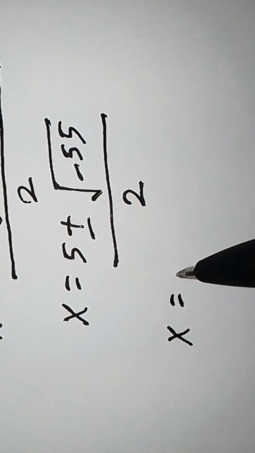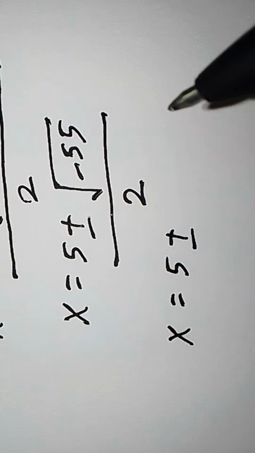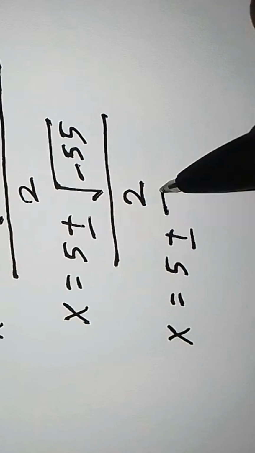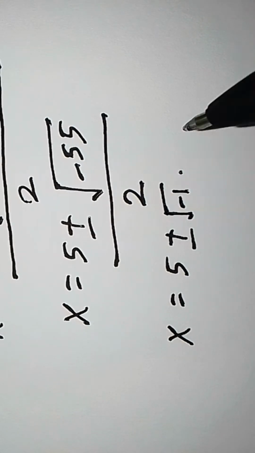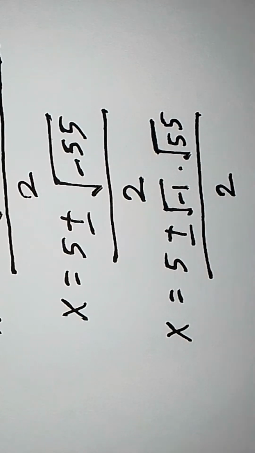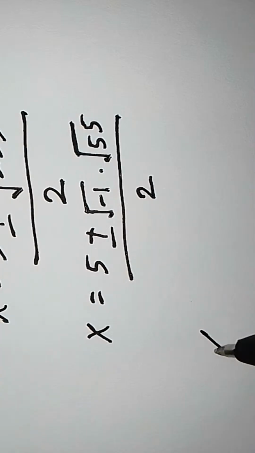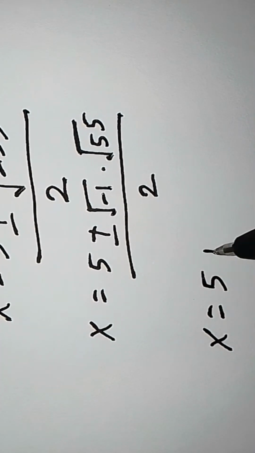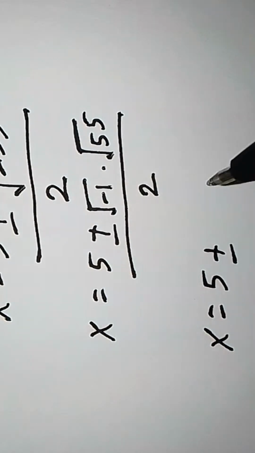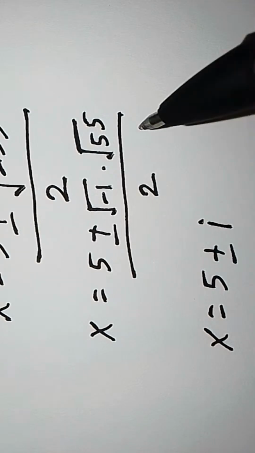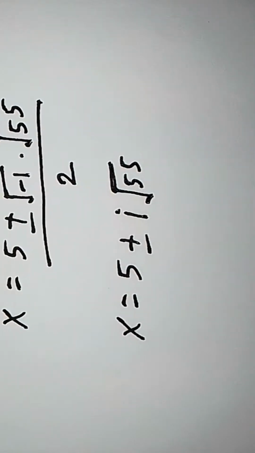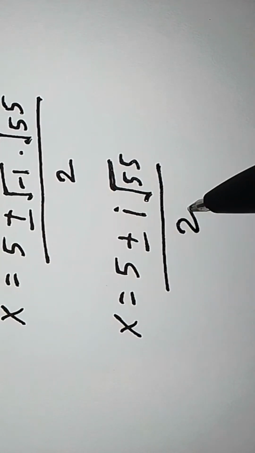Let's proceed further. x is equal to 5 plus or minus square root of minus 55, could be written as square root of negative 1 times square root of 55, divided by 2. x is equal to 5 plus or minus. Don't forget, from the complex number, square root of minus 1 is simply i. So we have i times square root of 55 divided by 2.